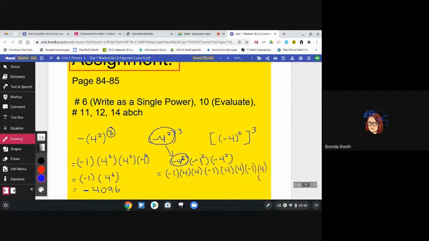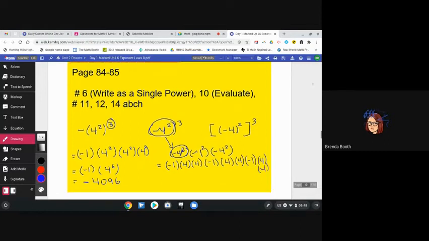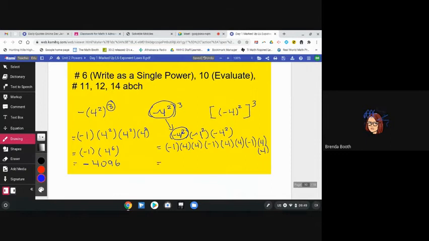I'm running out of room. But if I looked at all of this stuff here, I would have -1 being repeated 3 times, so -1 to the power of 3, and 4 to the power of 1, 2, 3, 4, 5, 6.